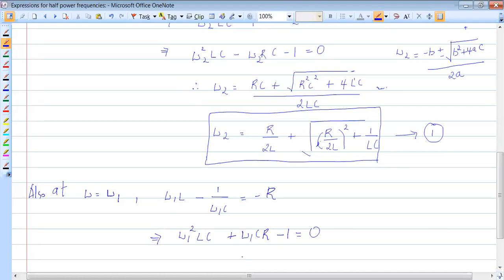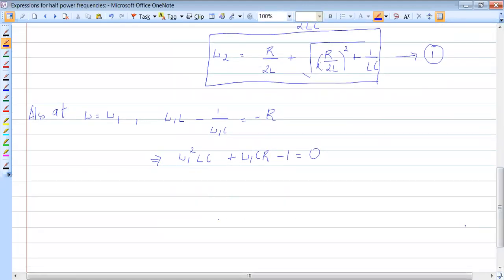Again, use the same standard quadratic formula. So omega 1 is minus b, minus RC, plus square root of b squared, which is R squared C squared plus 4LC, divided by 2LC.